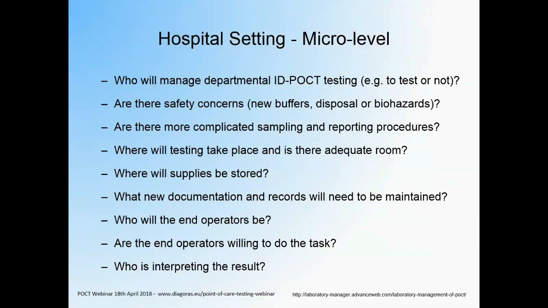Who will manage the departmental testing, whether to test or not? Are there safety concerns? Are there more complicated sampling and reporting procedures? Where will testing take place? Is there adequate room? Where will supplies be stored? Will the end users need access to new documentation and records? They will need to be trained, of course.